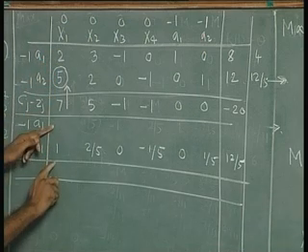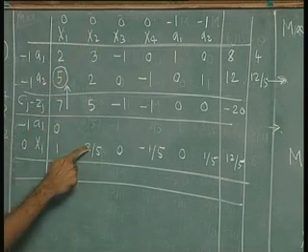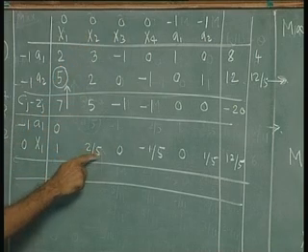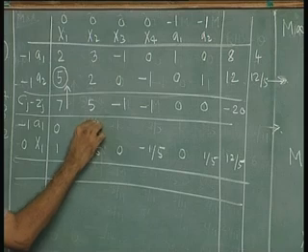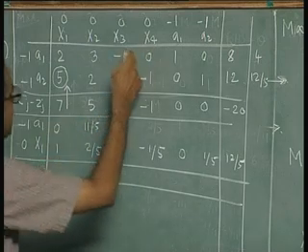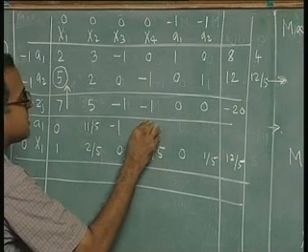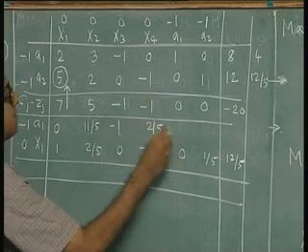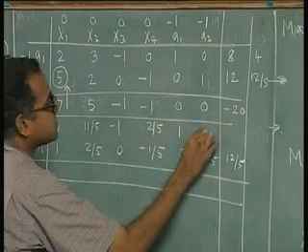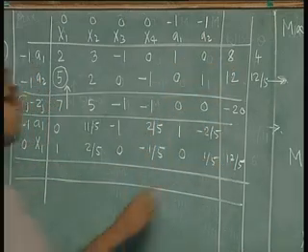So, this minus 2 times this row will give 0, 3 minus 2 into 2 by 5, 3 minus 4 by 5 is 11 by 5, minus 1, 0 minus 2 into minus 1 by 5 is plus 2 by 5, 1 minus 2 by 5, 8 minus 24 by 5 is 16 by 5.